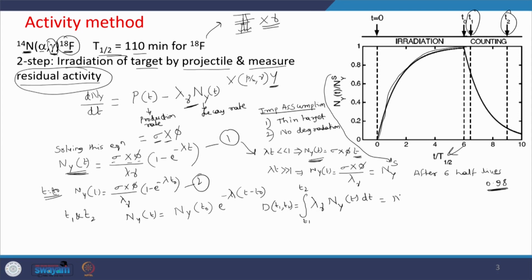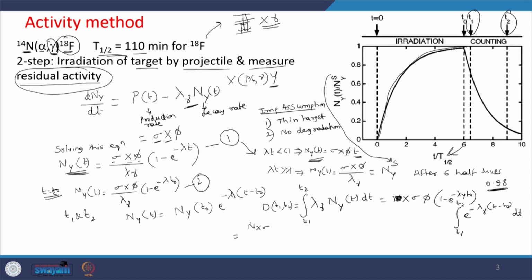So, this is nothing but N_x sigma phi times (1 minus e to the power of minus lambda_y t_0), integral from t1 to t2 of e to the power of minus lambda_y (t minus t_0) dt. Solving this, you can easily get the result.